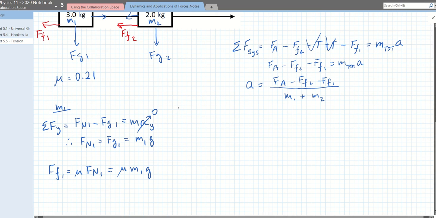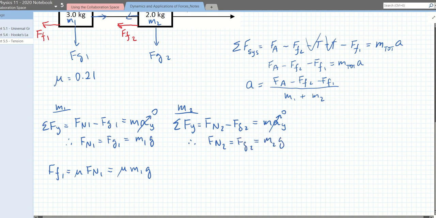So we're going to do the same thing for mass 2. We're going to come up with an F net in the y direction, which now has our Fn2 minus Fg2 equal to ma. Again, in the y direction, this goes to 0. So we get Fn2 equal to Fg2, which equals m2 times g.